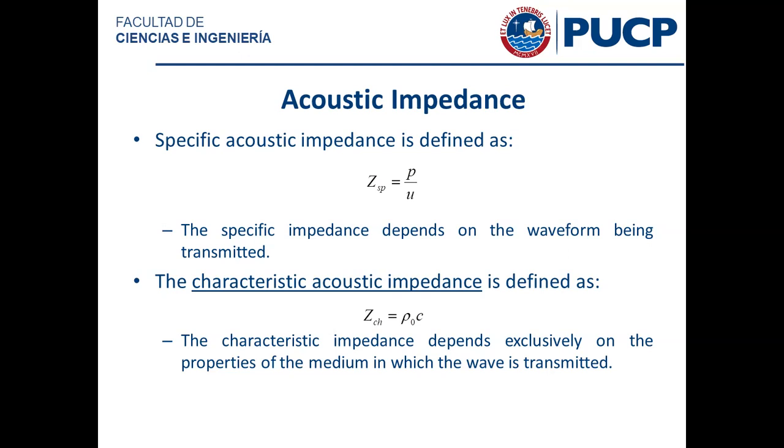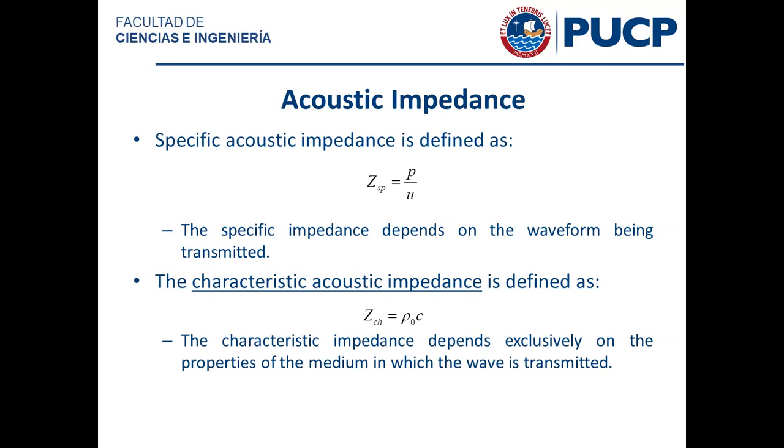But that's the same idea in here. And just like in electrical circuits, there's also the idea of the characteristic acoustic impedance, which is equivalent to saying I have a resistor with a resistance of, say, 100 ohms. This is a value that is just given by the properties of the medium.